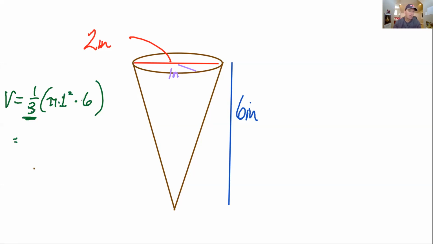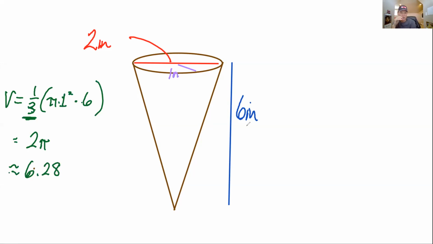Well, 1/3 of 6 is 2. It's 2 pi. So we're getting about 6.28. Now, what would the units be here?